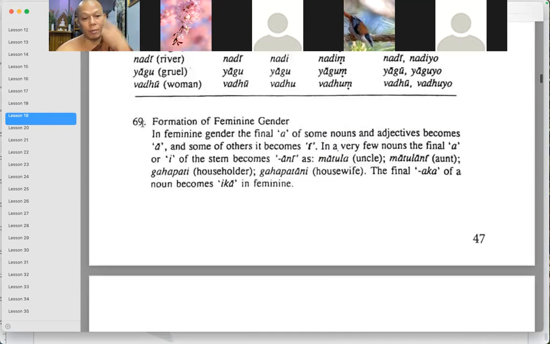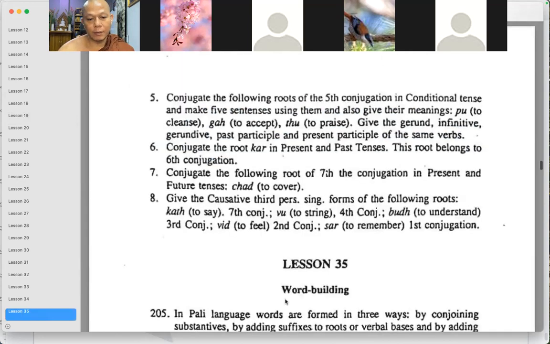So formation of the feminine gender. So in the feminine gender, the final R adjective becomes the R. Actually not just changing, but by adding the R and the E. And then Ani, and also the others are changing to the Ika in this way.